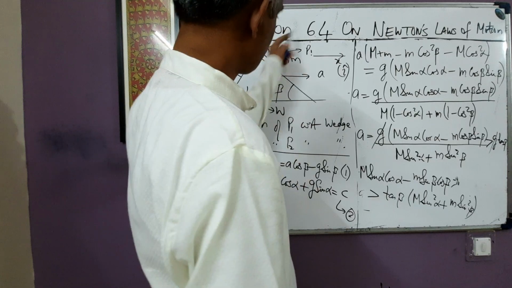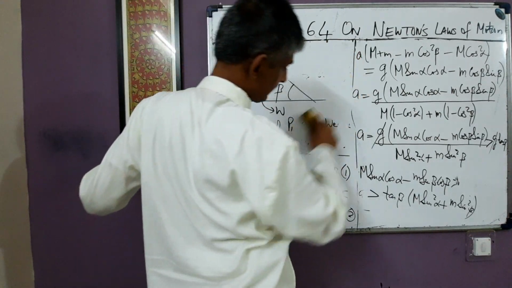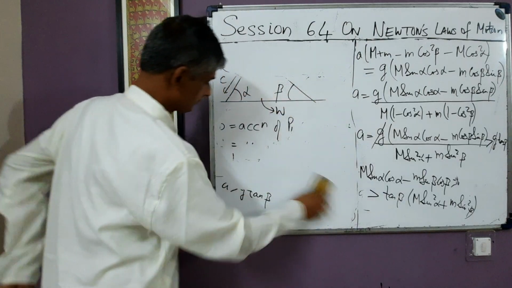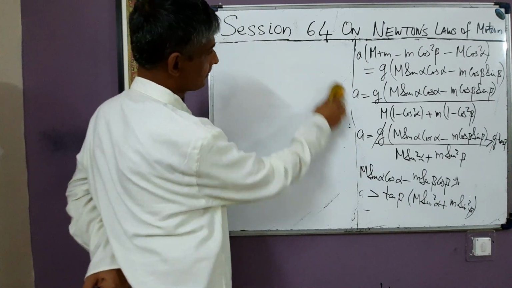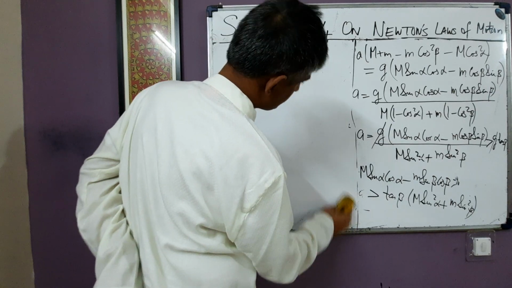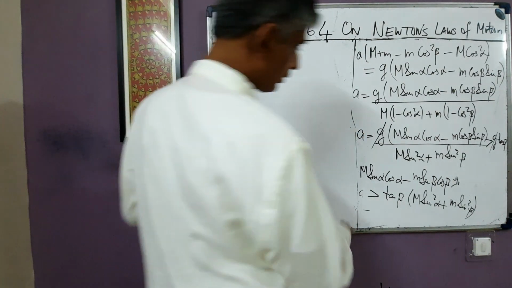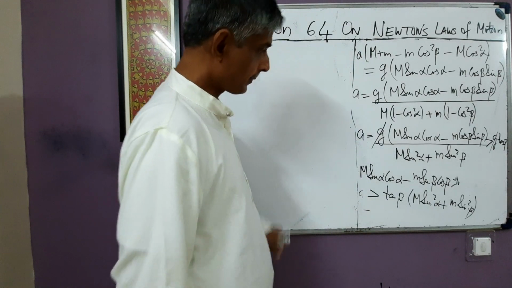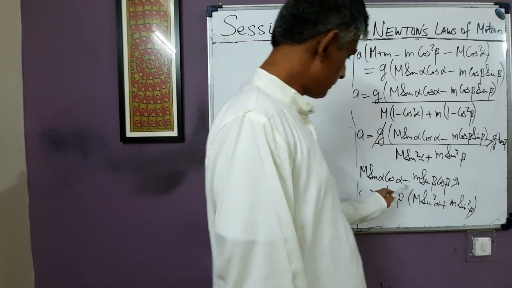Now what I do, I rub all this. Okay, now what do? This sin beta cos beta I bring it this side, and this term I bring it this side.